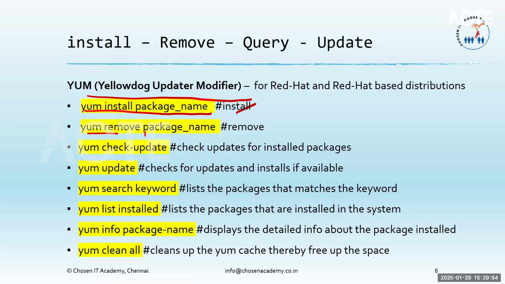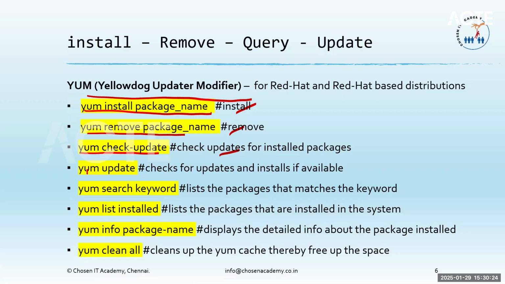And if you want to remove a package, we give yum remove and the package name, and it will be removed for us. In case you want to do an update check, in a sense, we have a list of packages installed in our system, and if you want to see if these packages are up to date, this is the command we use to check whether any updates are available in the repository for the packages that we have installed.